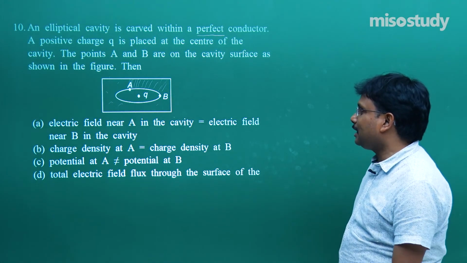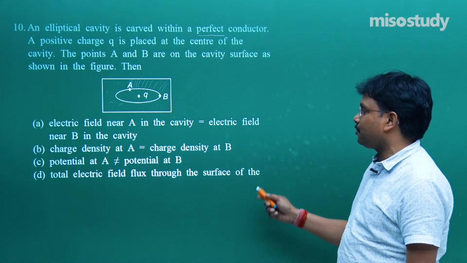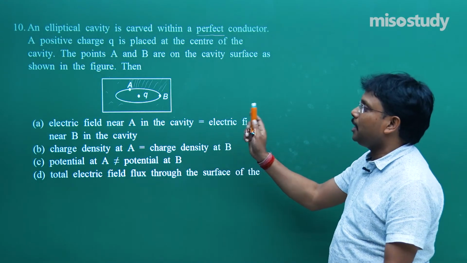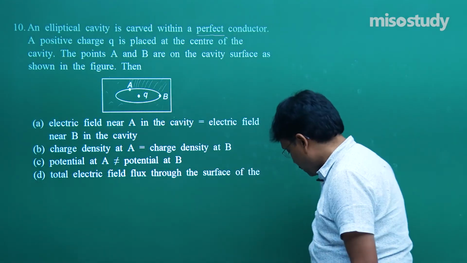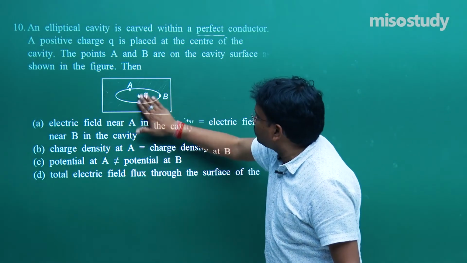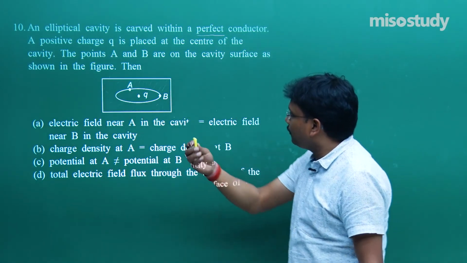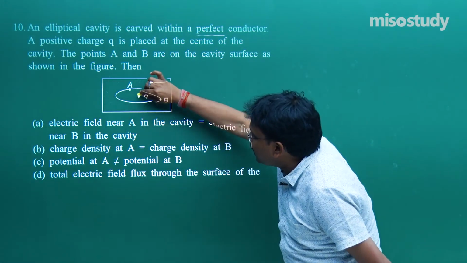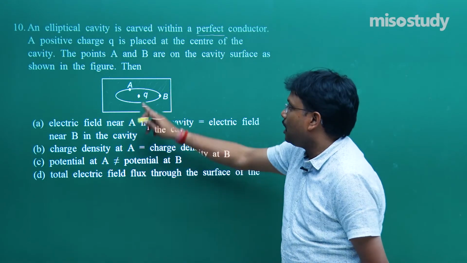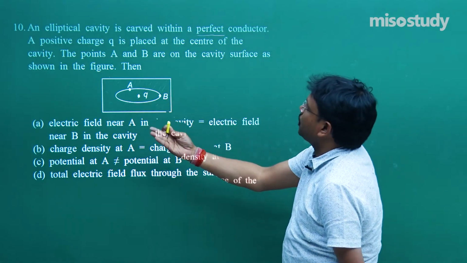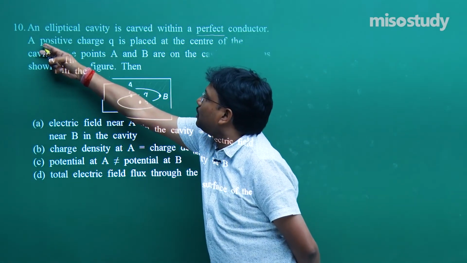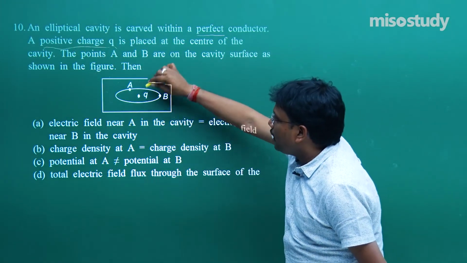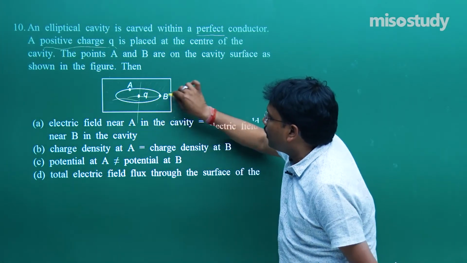Only the total electric field flux through the surface is going to be equal. Yes. Why? Now, imagine the situation. Let us use different color chalk. It is placed at the center, exactly at the center, and if it is a positive charge as mentioned in the question itself, it means all outward.